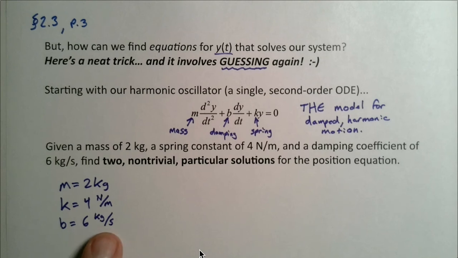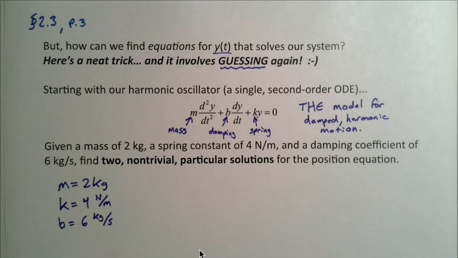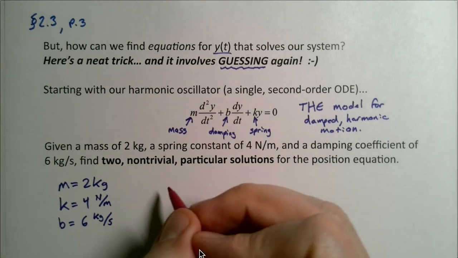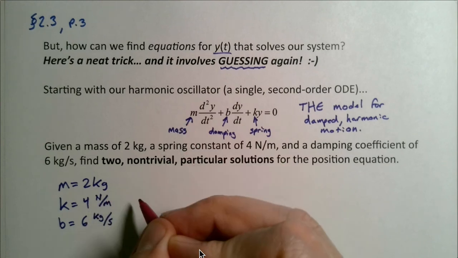So let's do a quick unit analysis and make sure that we're following the rules here. So we're going to start with our mass, and I'm just going to translate this down here.